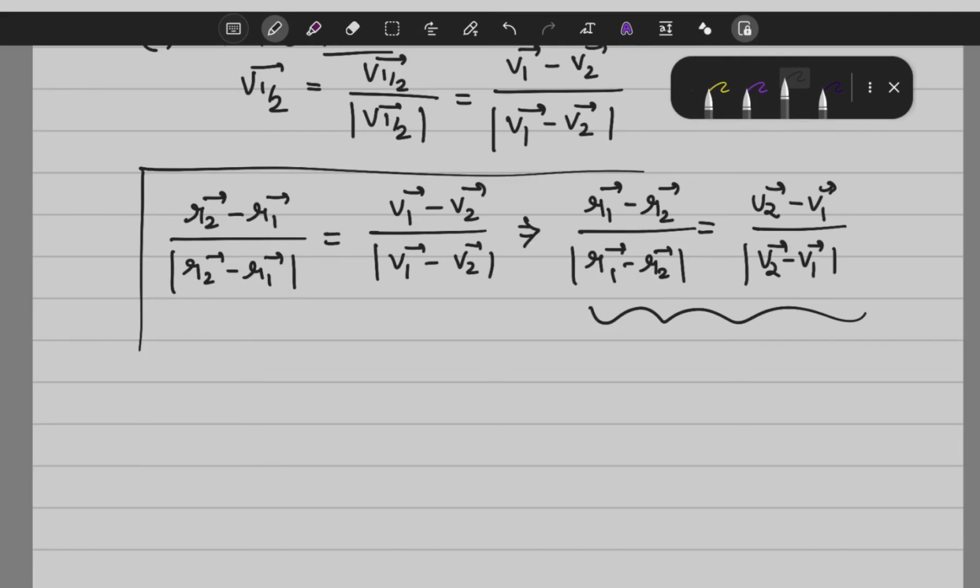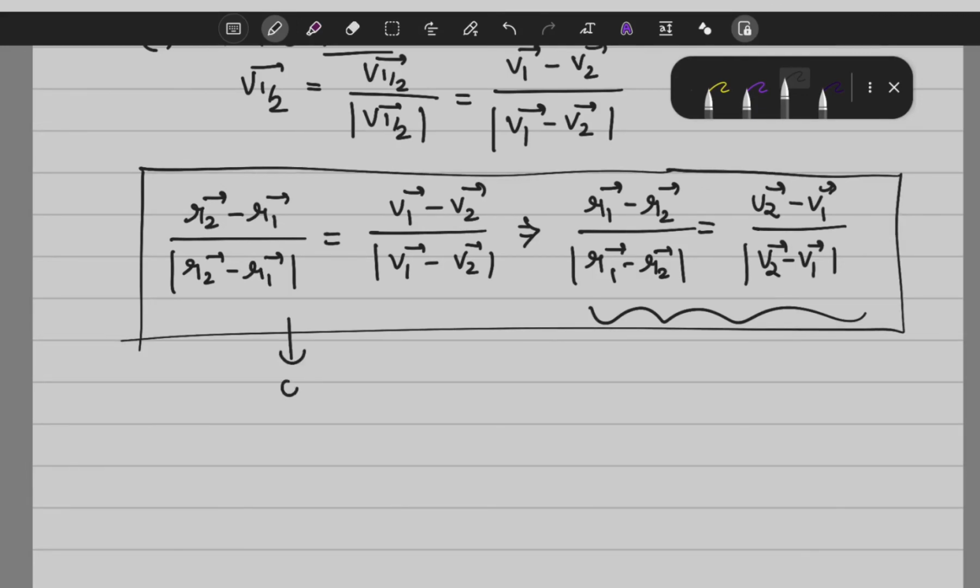So this is the condition for the collision to occur.